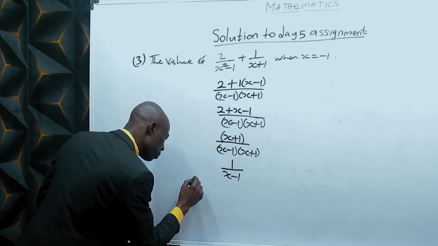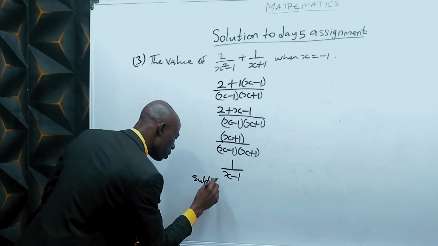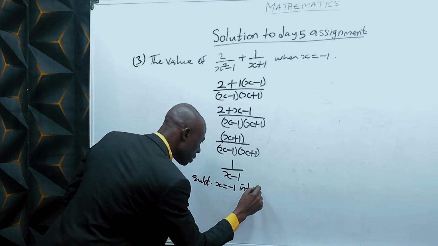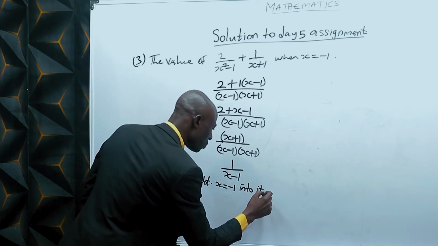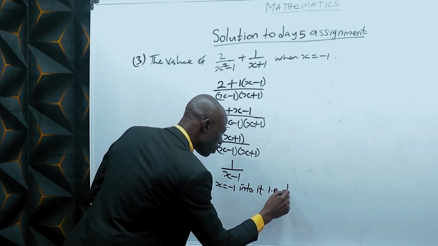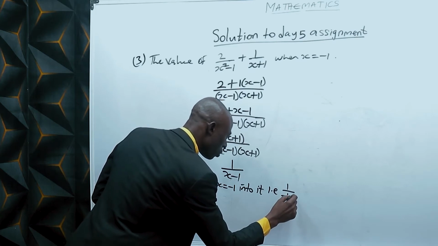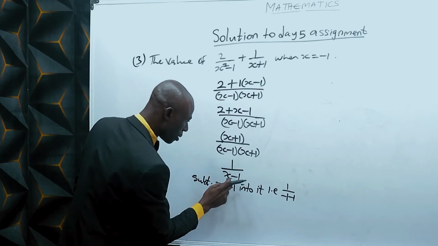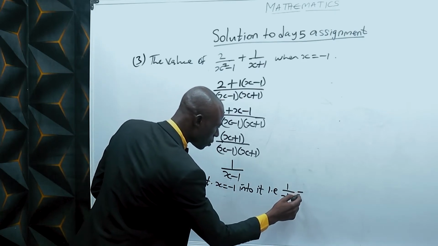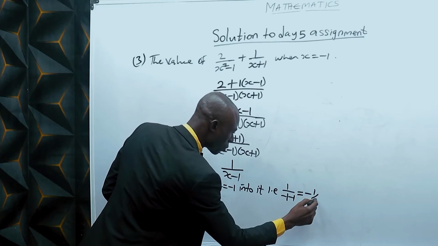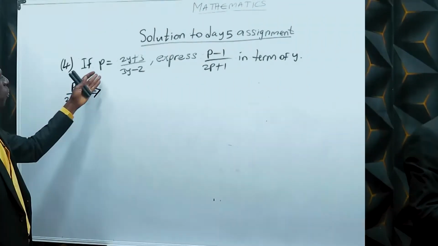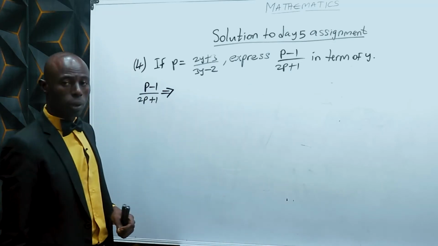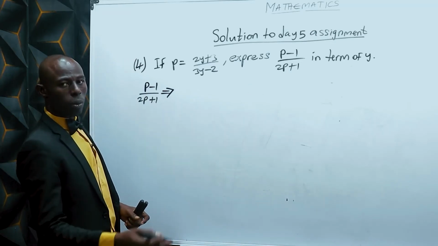Now substitute x equal to minus 1 into it. That is 1 over minus 1 minus 1. Wherever you see x, put minus 1 there. So in this case, this is minus 1 over 2. That's the answer.